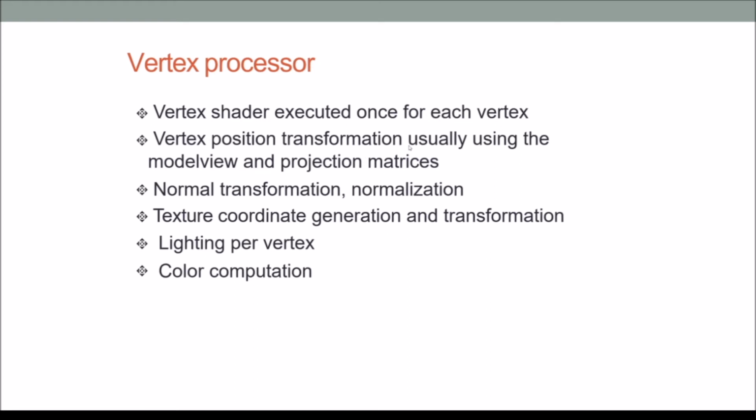For example, if you have something on the back side, you should not see it. On the front side, you see everything. So that part is really handled by the vertex handling. And the normal transformations and the normalization means the XYZ values when you're doing the normal calculations.